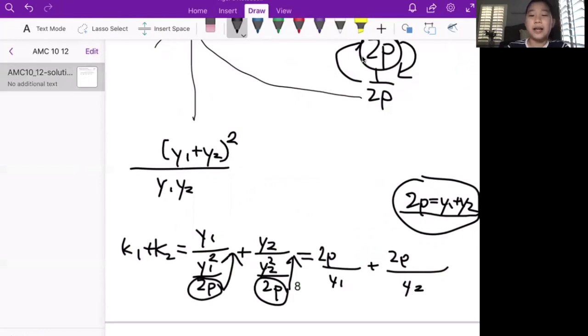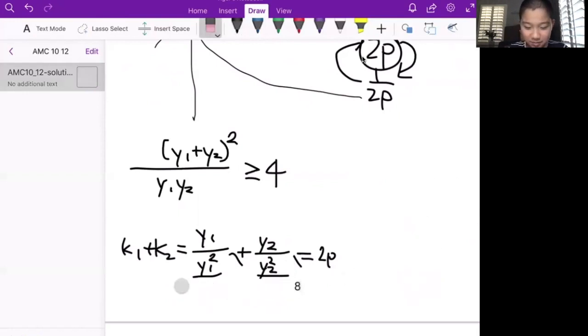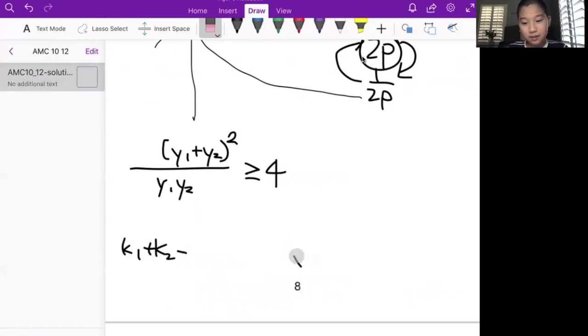And I'm going to make a bold claim that this is greater than or equal to 4 for any positive y1 and y2. Why? Because in these types of equations, it's good to make all the variables the same to see what result it attains.